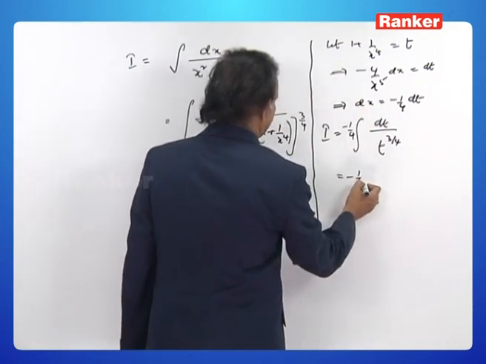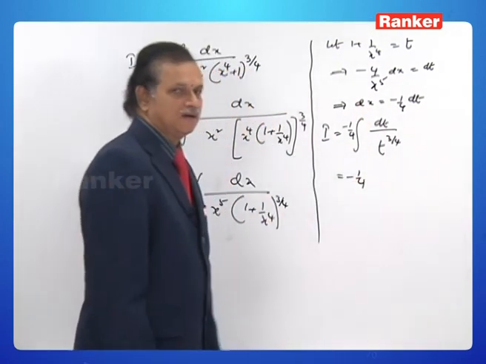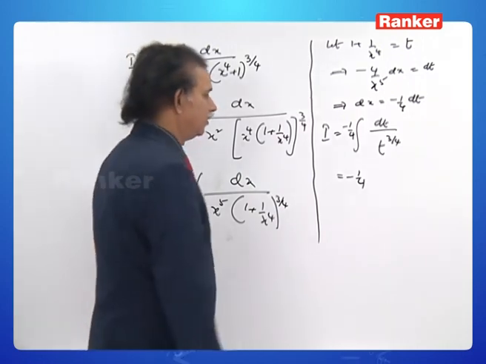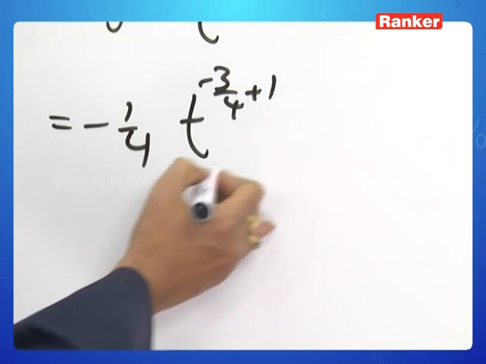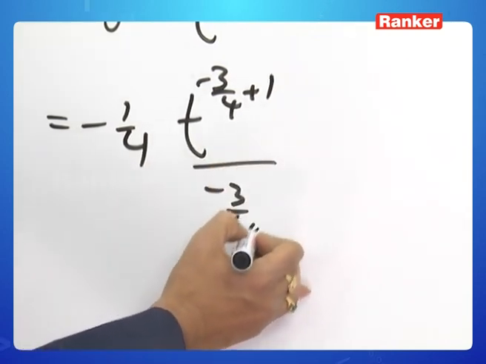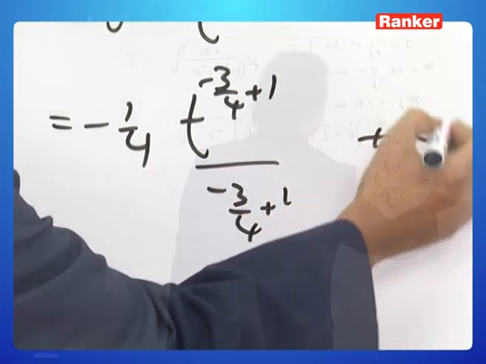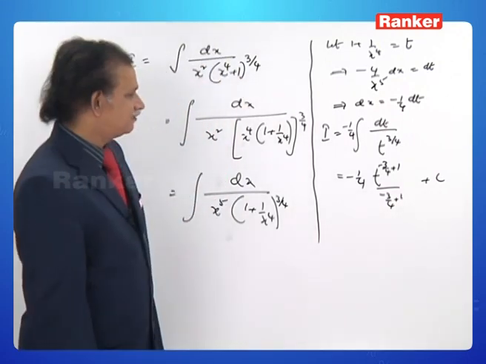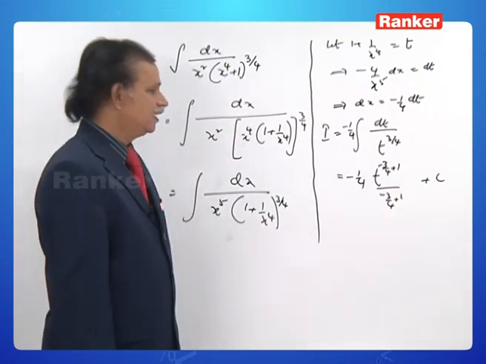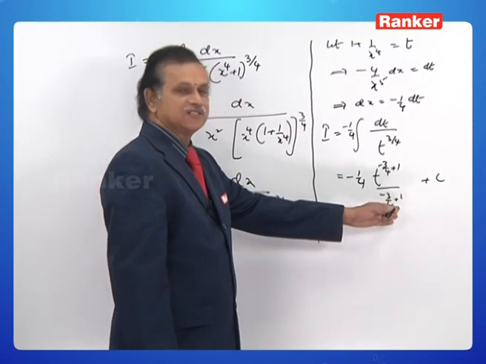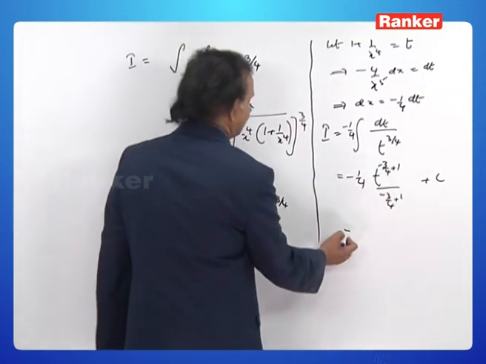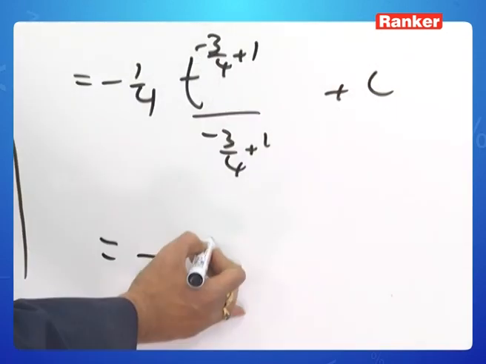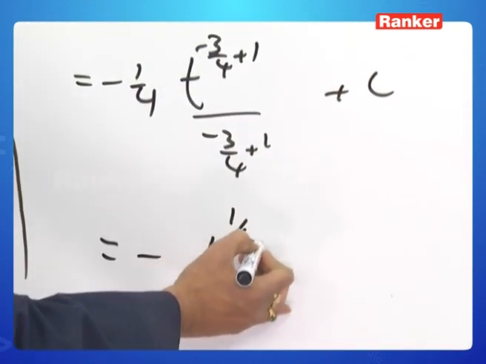It is minus 1 by 4 into t power minus 3 by 4. So, it is t power (minus 3 by 4 plus 1) by (minus 3 by 4 plus 1) plus c. Okay, what is 1 minus 3 by 4? 1 by 4, isn't it? It is 1 by 4. This is also 1 by 4. 1 by 4 and 1 by 4 get cancelled, so that you will have minus of t power 1 by 4 plus c.